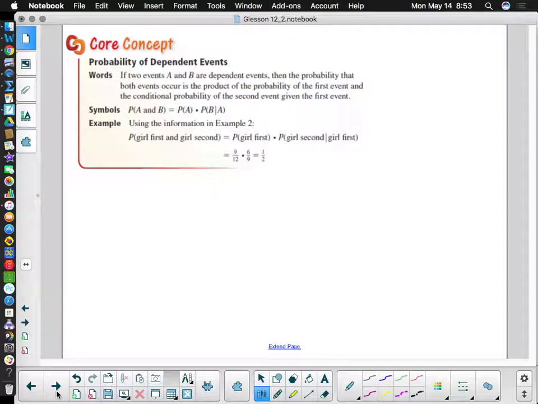So the probability of girl first and girl second, from another group of problems, there's an example too that we didn't see, but in this example, there are 9 girls. It looks like, and 3 boys.